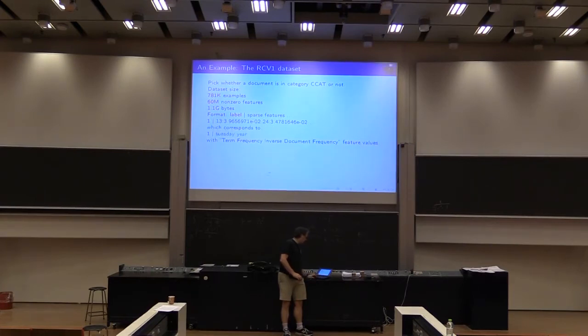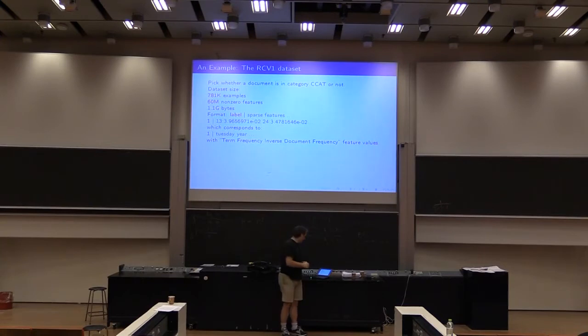And this corresponds to something like 13 is Tuesday, 24 is year, and then these values here, these numbers come from a term frequency inverse document frequency transform, which is a standard way to weight individual words according to how relatively rare they are in the entire set of examples, entire set of documents.